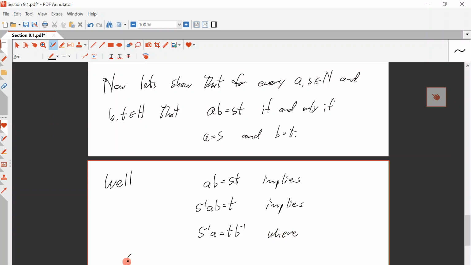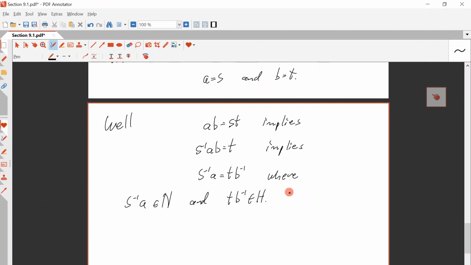where, right, S inverse A is an element of N, and TB inverse is an element of H, right, because A and S are in N, so the product of these two things is in N, and the product of these two things is in H. So, since N intersect H is just the identity, we now have that S inverse A is equal to TB inverse is equal to 1.